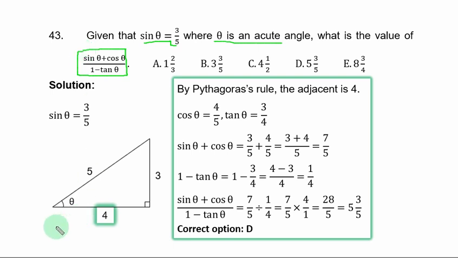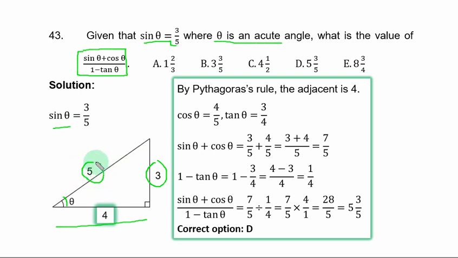So you have the triangle. Now this is the acute angle theta. Sine is defined as the ratio of opposite to hypotenuse. So the opposite is 3, hypotenuse is 5.